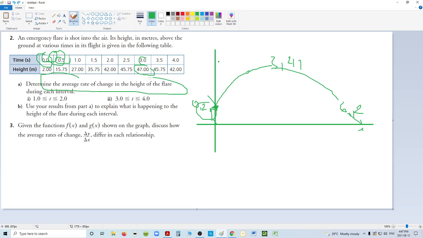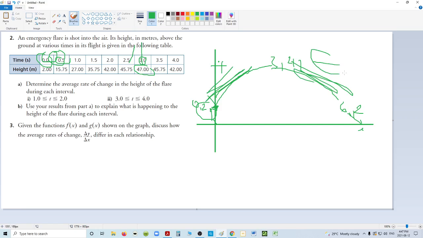Determine the average rate of change between this interval, 1 second and 2 seconds, 3 seconds and 4. So I already told you that the 3 is the peak, because you can even see it from the numbers here. It's going up and up and up until it hits 3, and then it's going down and down. Which means that between 1 and 2, the slope is going to be positive, and between 3 and 4, it's going to be coming down, the slope's going to be negative.